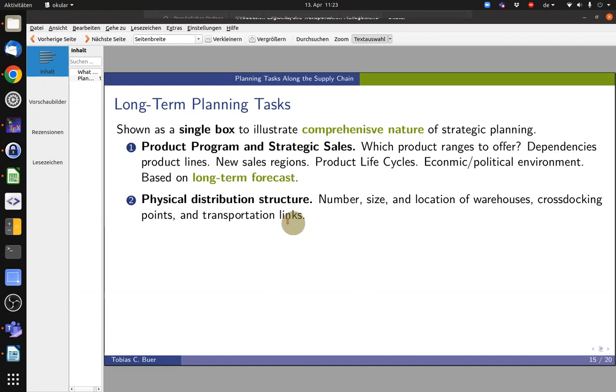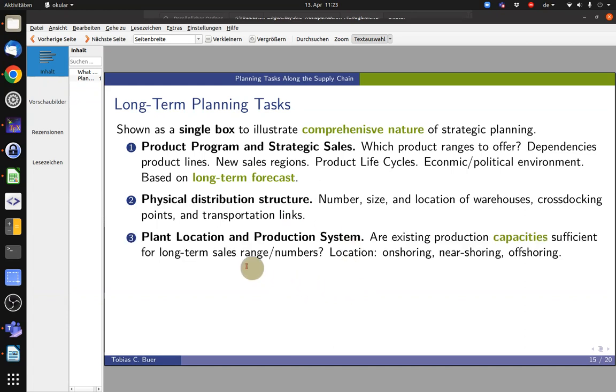Do we use trucks? Are we using our own trucks or do we outsource these things? Plant location and production system. Are we producing near our sales market? Are we producing offshore, maybe to save labor cost?